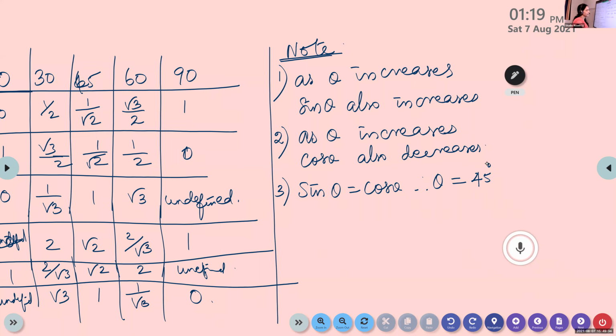Sine 45 is same as cos 45. So from the table we can say as theta increases, sine theta increases. As theta increases, cos theta decreases. Sine theta equal to cos theta implies theta is 45.